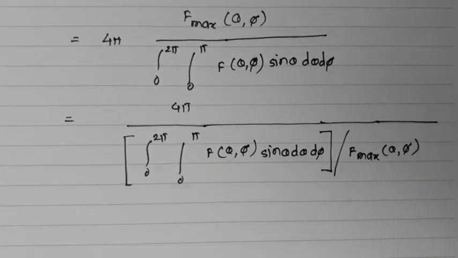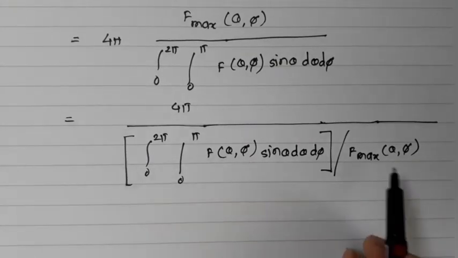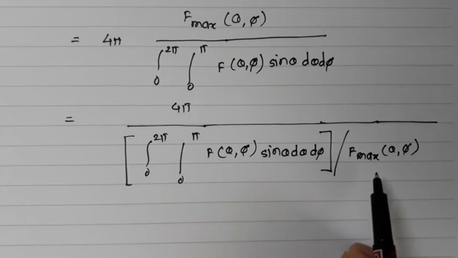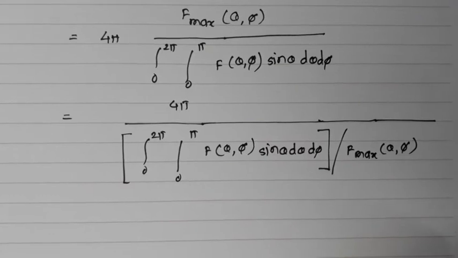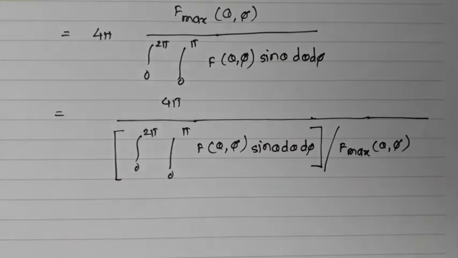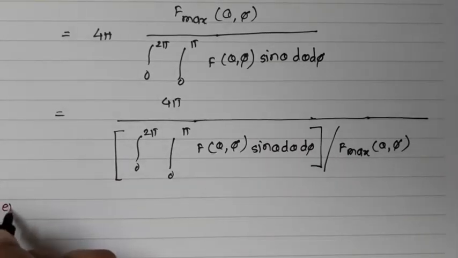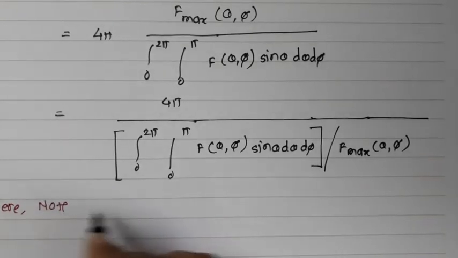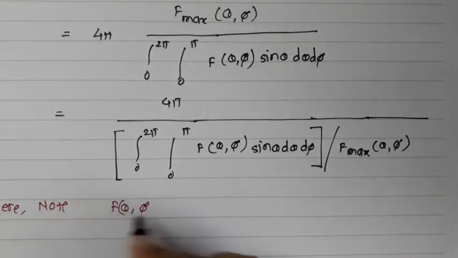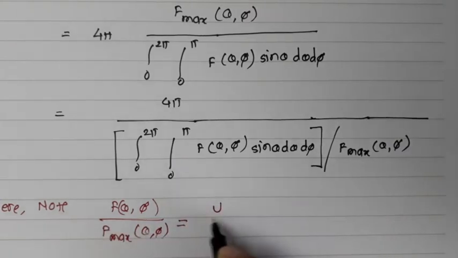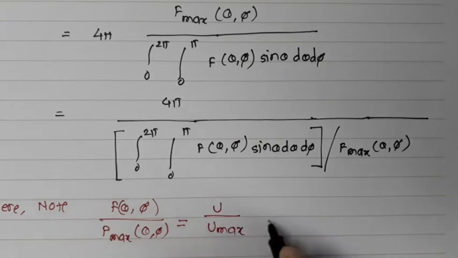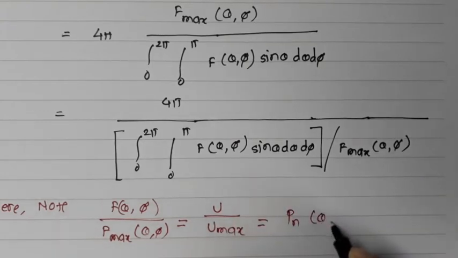Now noting that F(θ, φ) divided by F max(θ, φ) is nothing but U by U max, which is nothing but the normalized power, which we have already seen. So here we can note that F(θ, φ) divided by F max(θ, φ) is equal to U by U max, and the value is the same as the normalized power.